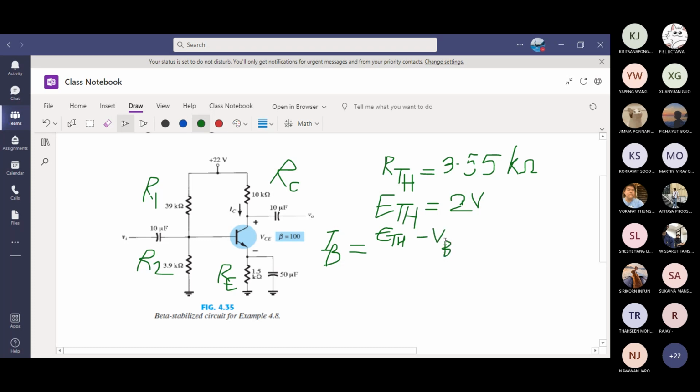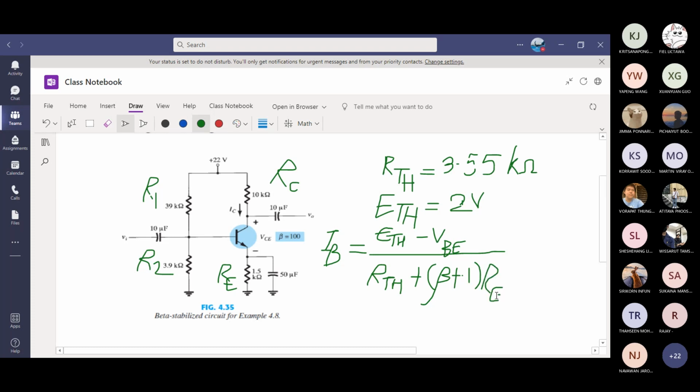What do I say the value of VBE is for this chapter? Take 0.7. If I don't give you any other information, it's 0.7. Then RTH plus beta, add 1 in the bracket, times RE. That's the equation.